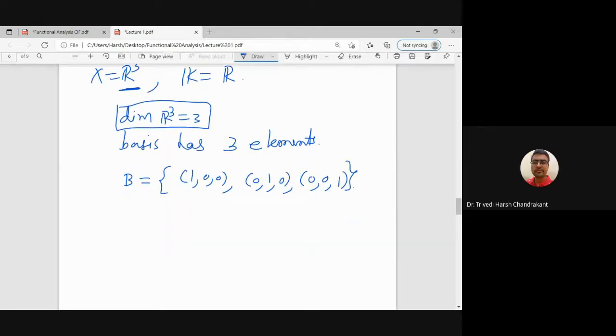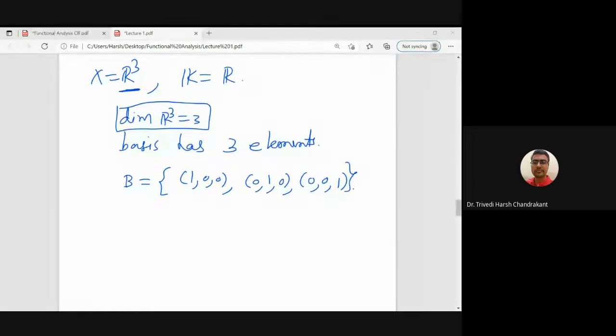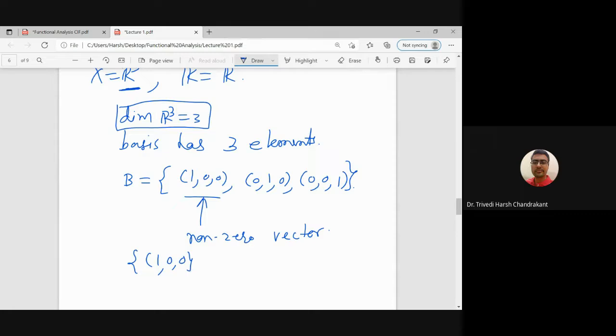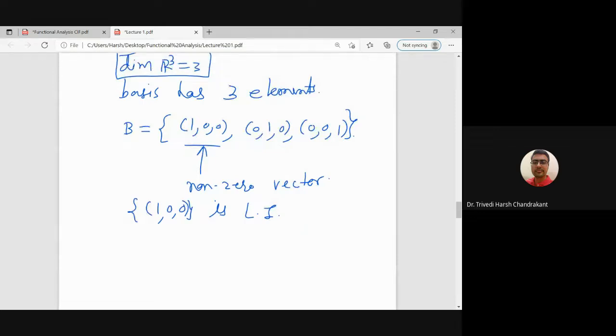So how did you find this? You just now explained this also in your answer. First of all, we choose some non-zero vector. If you take a non-zero vector, then (1,0,0) is an LI subset of R3. What is our goal? We need to find 3 elements. So what do we do? We add elements one by one to this set and make it a complete basis.